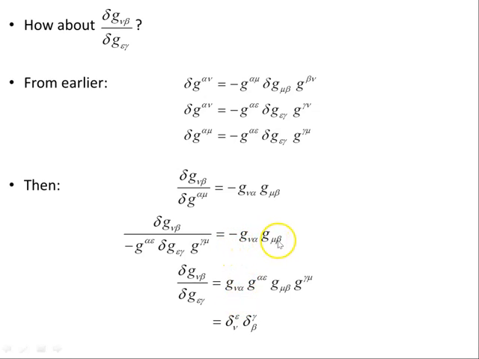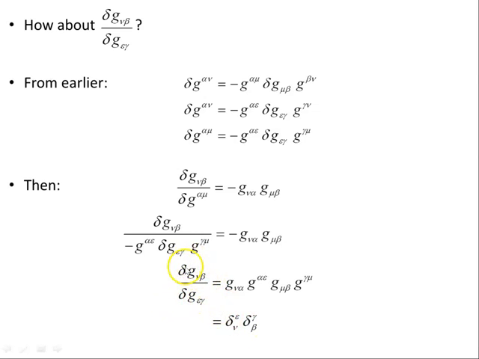Here you've got G mu beta, and over here you have G gamma mu. So they'll go over here, and you'll see there's a mu down here and a mu up here, and you'll be able to apply the Kronecker delta there. So, which is what we do. So here we have Kronecker delta epsilon nu, because there's a single epsilon and a single nu. All right, and here there's a single gamma, single beta, so that applies here.